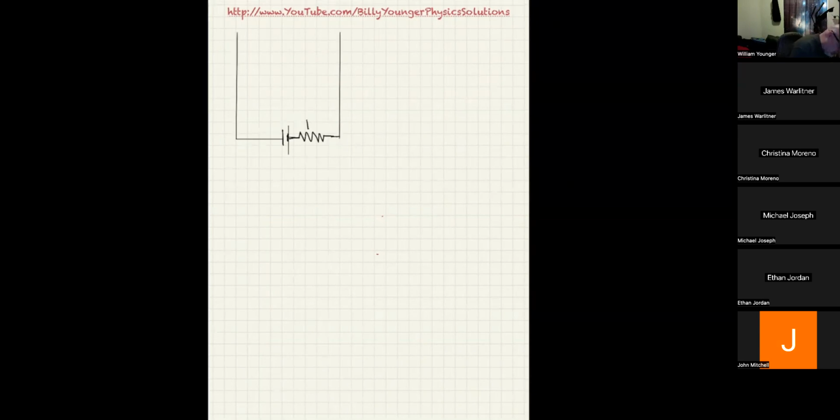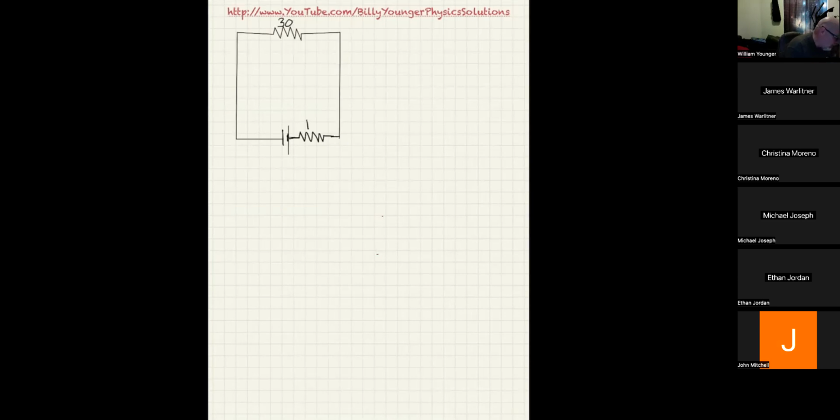The top part over here is going to have a resistor like that. And that is a 30 ohm resistor.